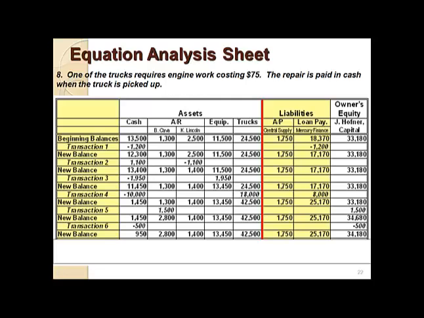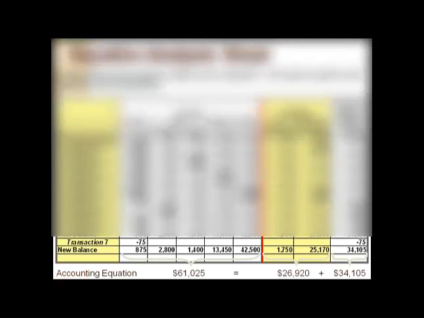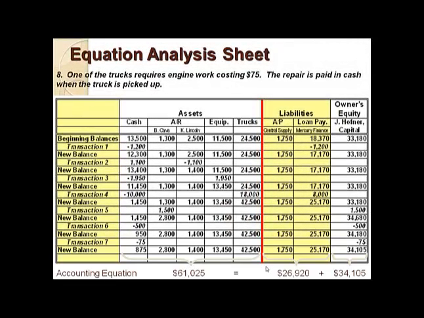Later in the course, you will see why this would be going into owner's equity, but for now, because no other accounts are being affected, we'll just put this value into owner's equity. And it will look like this. Once again, after we've come up with our new balances, we have to ensure that our left side is equivalent to our right side. Again, we're in perfect balance, and we can now move on to the balance sheet.